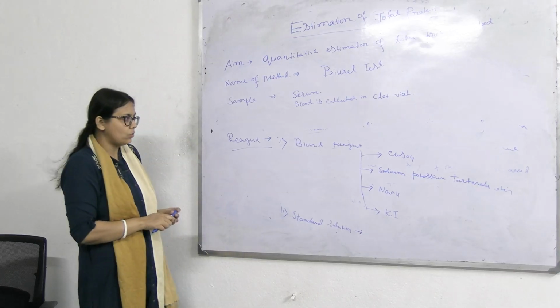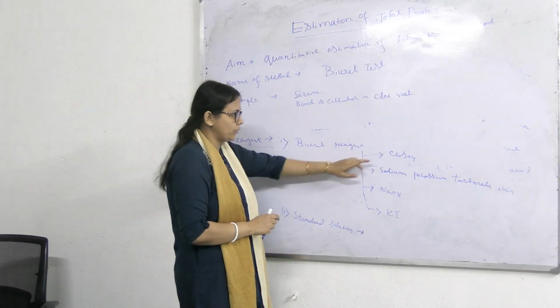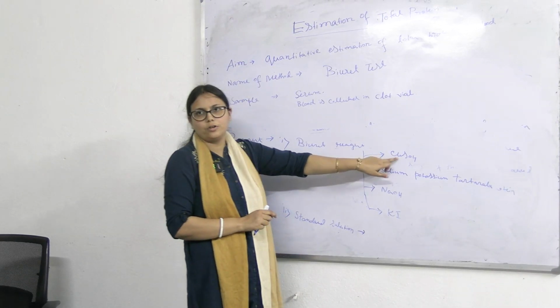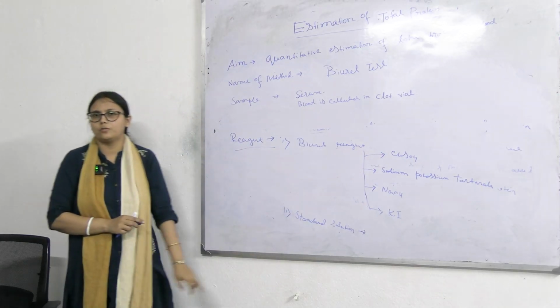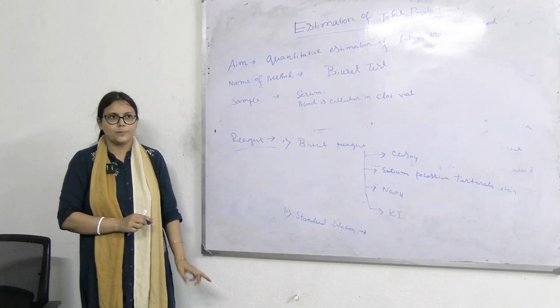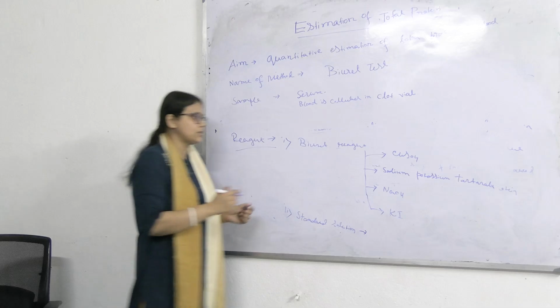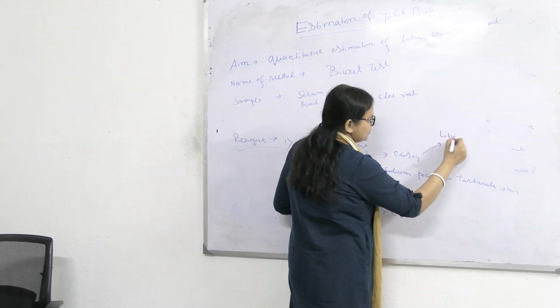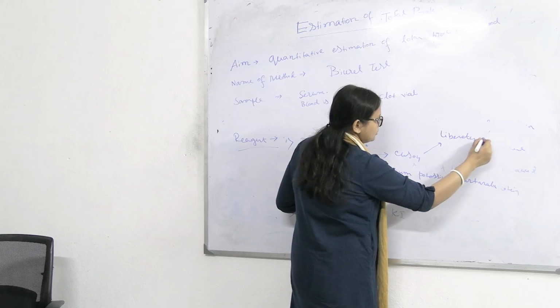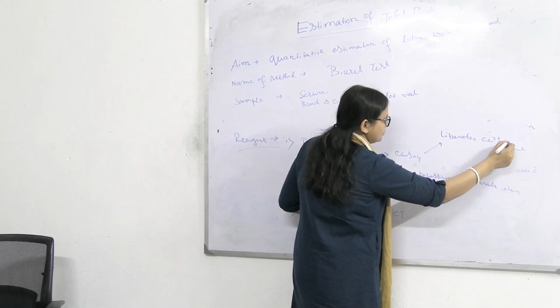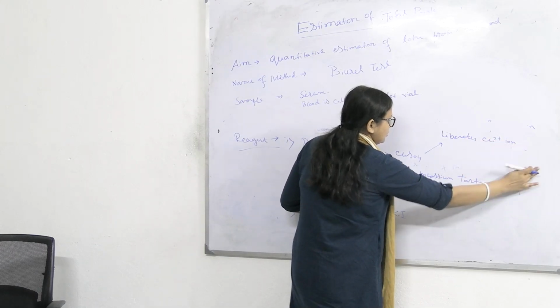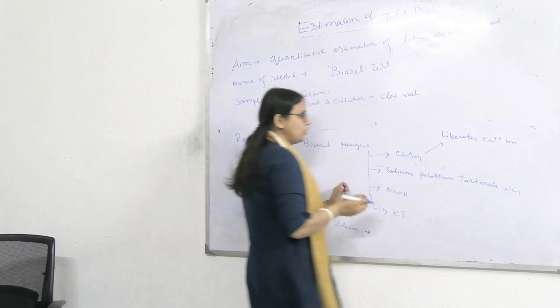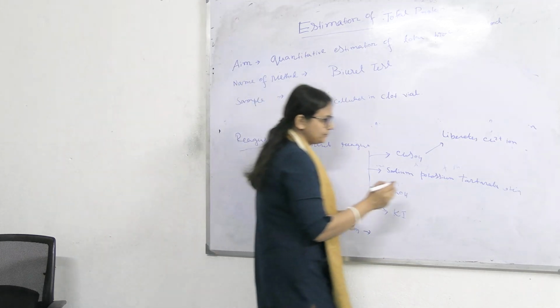Now coming to the role of each compound one by one. What is the role of CuSO4? As I said just now, it liberates Cu2 plus ion, which is the main reactant. What is the role of sodium potassium tartrate?